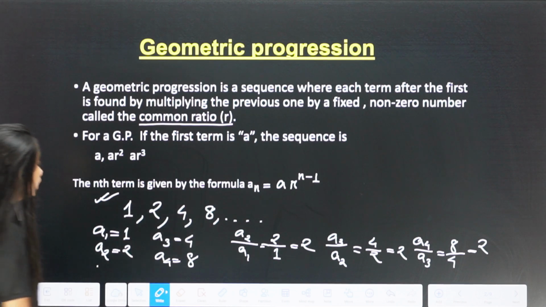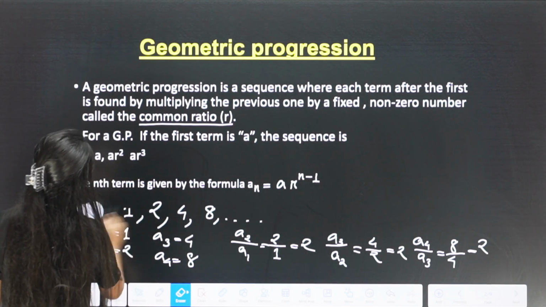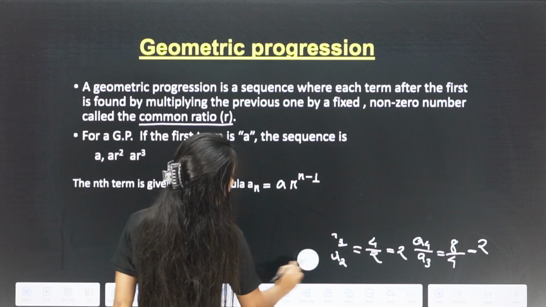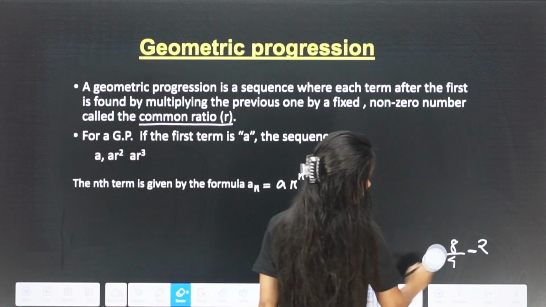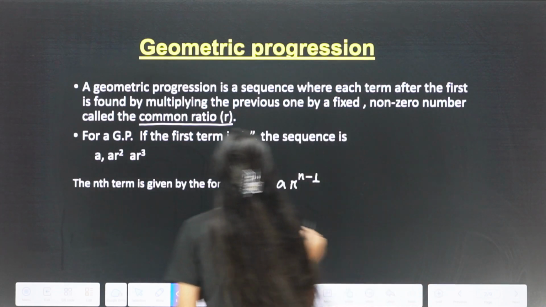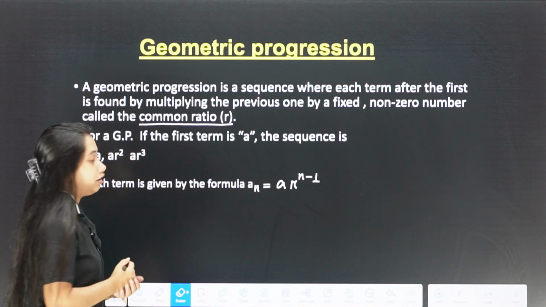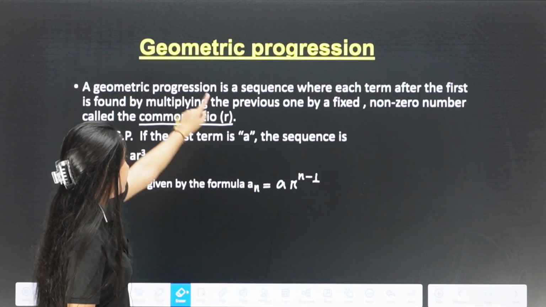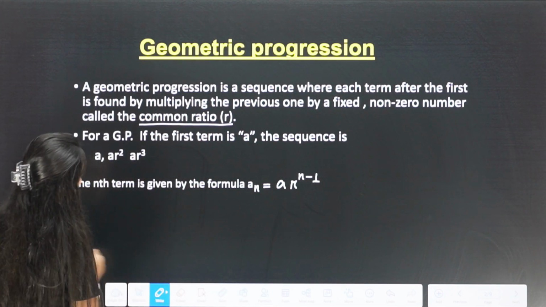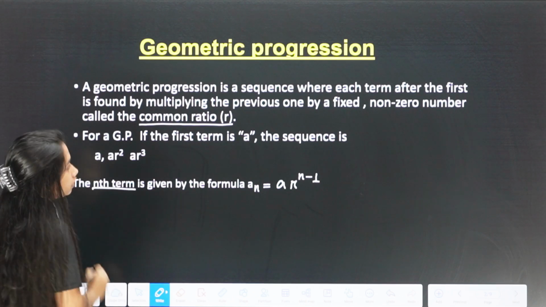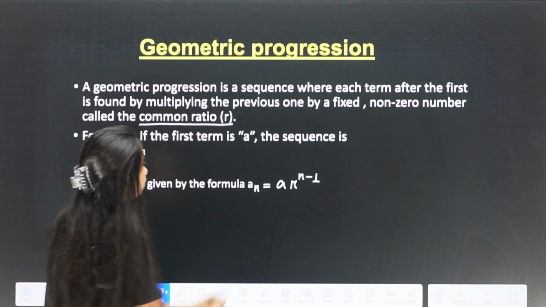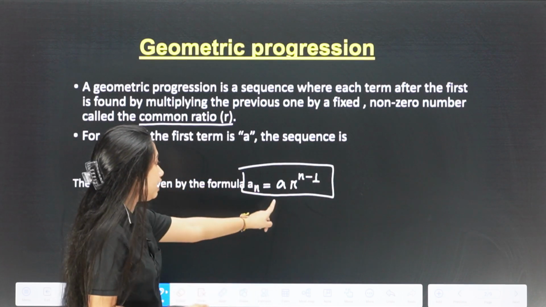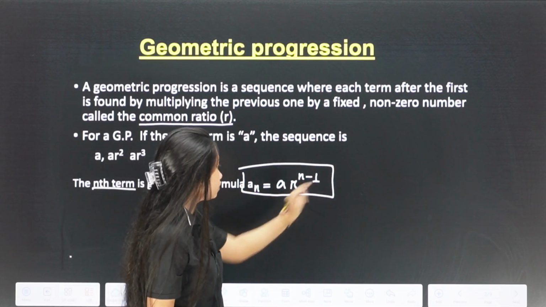Got it? And if we are asked to find the nth term of a sequence in GP, we have already discussed arithmetic progression, but in GP, we simply use this formula: An equals A into R to the power n minus 1.